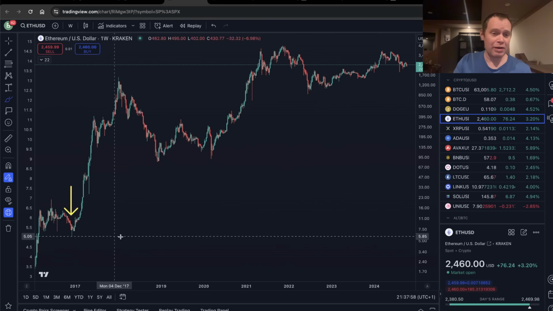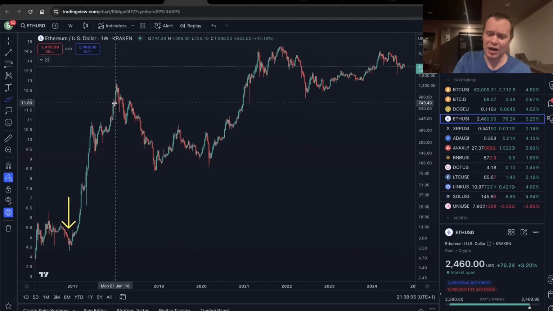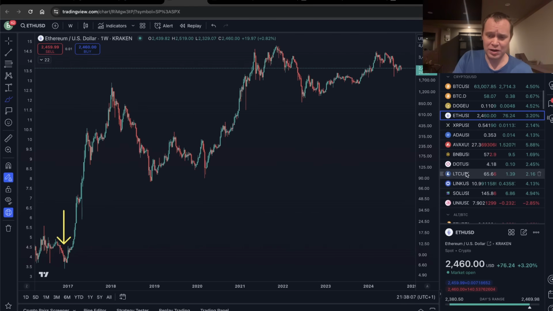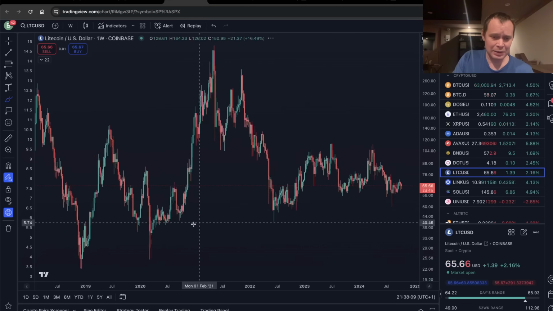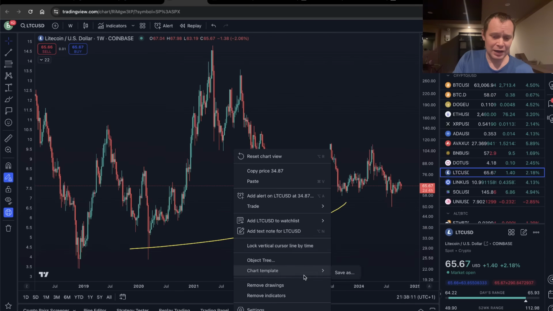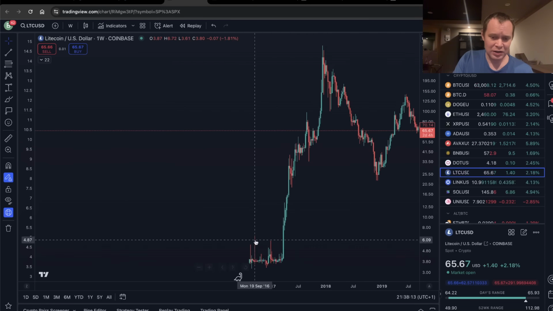And it wasn't the only one, right? There were some other cryptocurrencies that went down back in Q4 of 2016. I'm trying to remember what. I mean, frankly, there weren't a lot of cryptocurrencies trading back then. Litecoin, let's see what Litecoin was doing back in, if this even has it on the chart. Yeah, I mean, it was going down in Q4 of 2016, right?